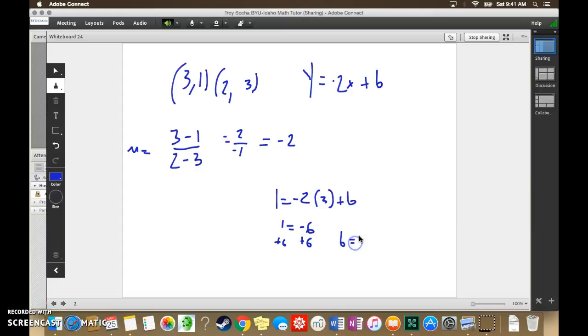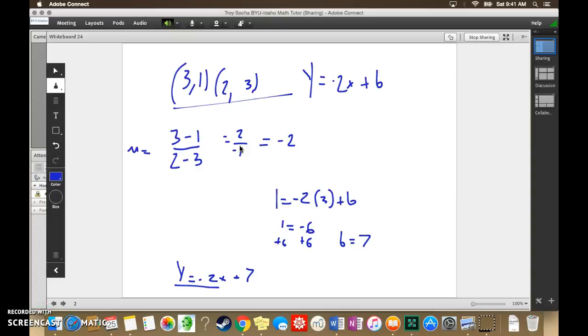B equals 7. Therefore, our final form is y equals negative 2x plus 7. And that form will give you that line that crosses those 2 points. So that is the use of the slope equation.